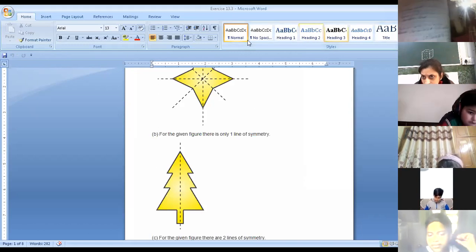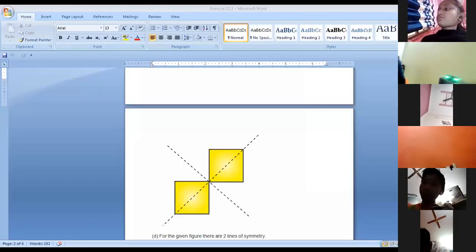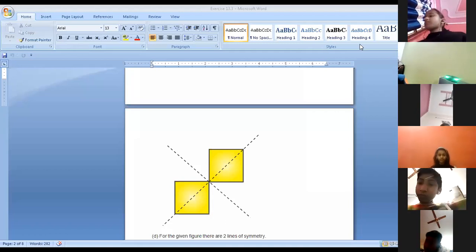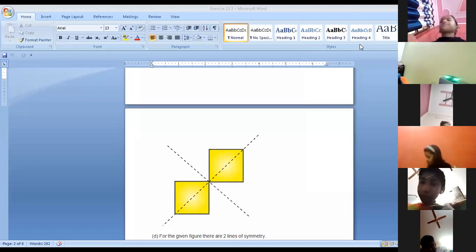Draw the second diagram, children. No, do it in your notebook like that only. There is 3 lines of symmetry. In the third figure, there is only 2 lines of symmetry.